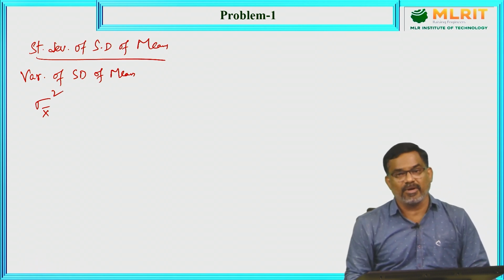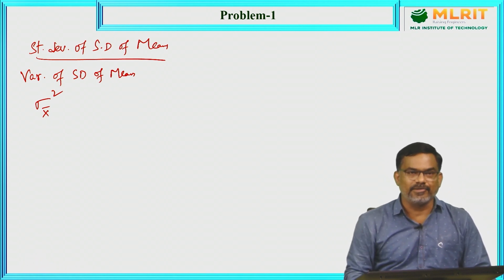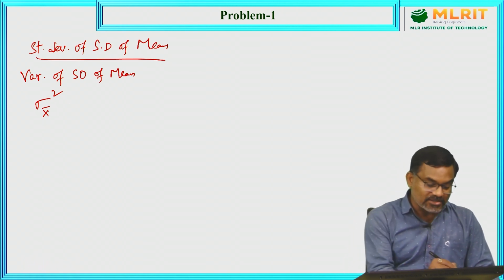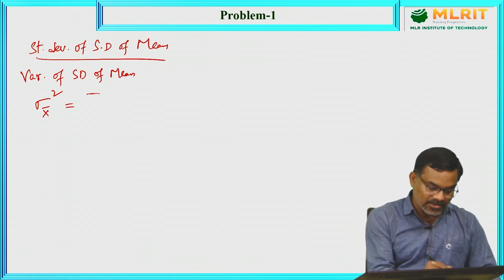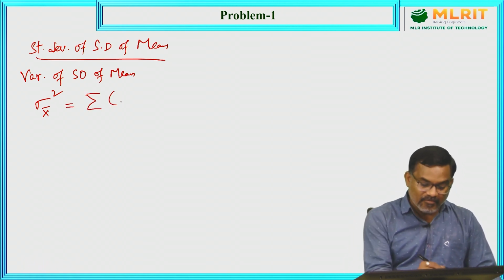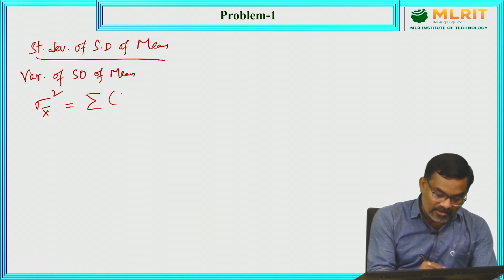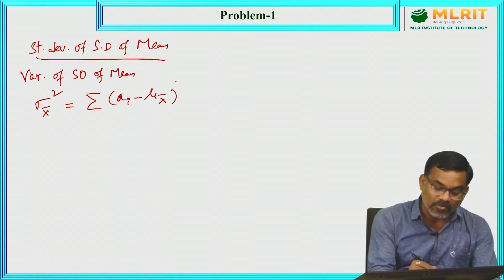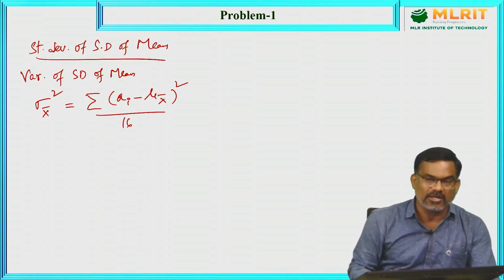Sigma square is the variance and its positive square root is the standard deviation. And what is the formula here? The formula is the sum over each individual element, for example a i, minus the corresponding mean mu x bar, whole square, by 16, the total number of elements.